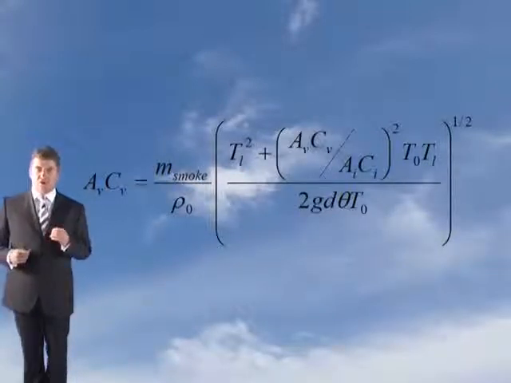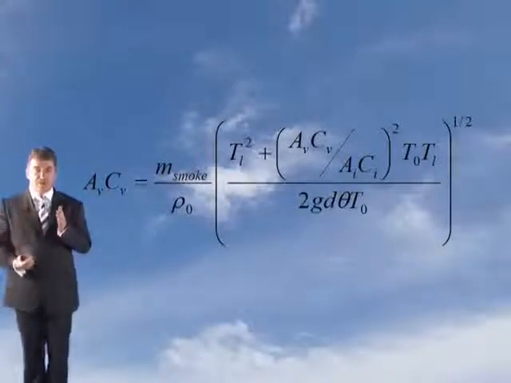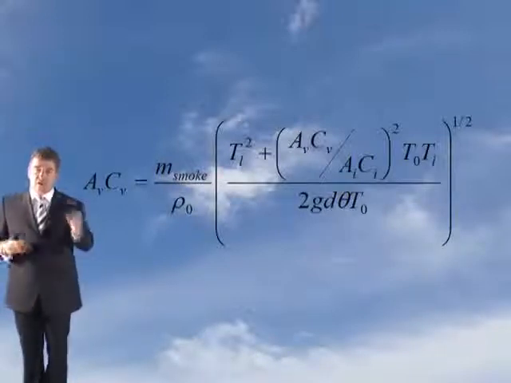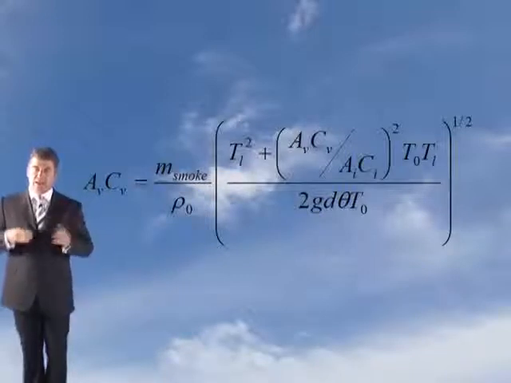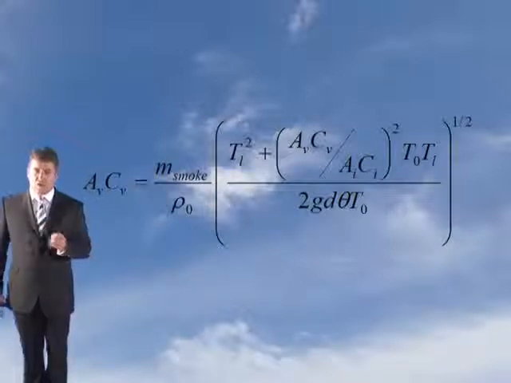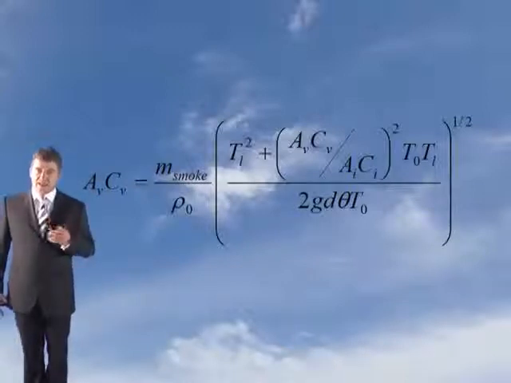This is your ratio, and in this case, as you can see, we've got 4 reservoirs, so 1 will be extracting and 3 will be allowing air in if they're all going to open. So this ratio here will be 1 to 3. 1 out, 3 in. You square that and you times it by TO times TL. You divide the whole lot by 2 times G, which is acceleration due to gravity, times your D, theta, TO, and the whole of that, the square root. This is the formula you apply.